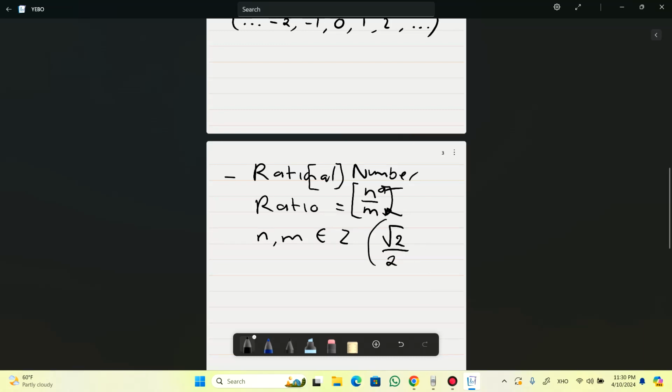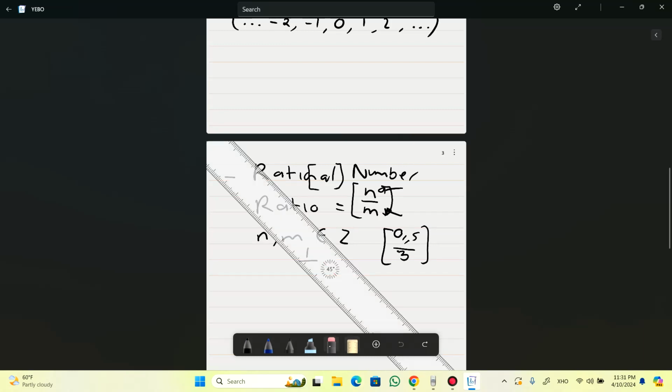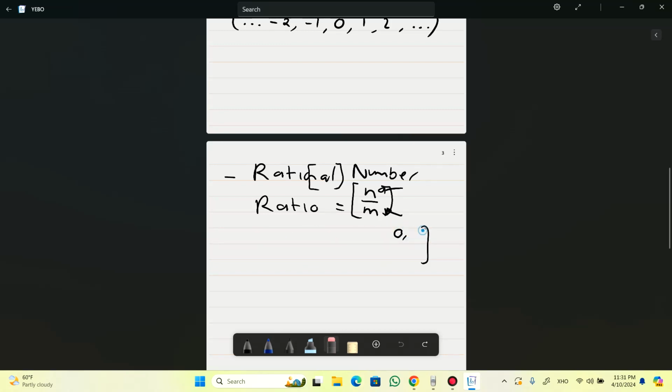This here is not a rational number, right? That is definitely not a rational number. Why? Because this here is not an integer, so it's wrong in that case. So make sure that you know what a rational number is. Please make sure that you understand the rational number.